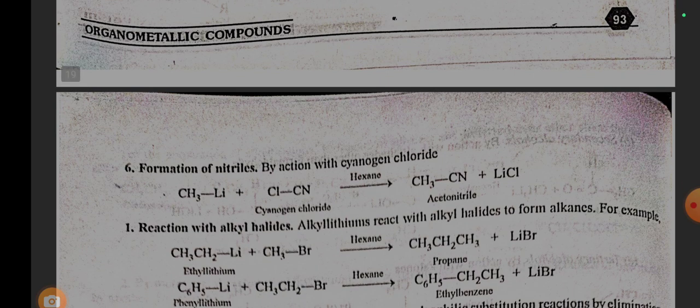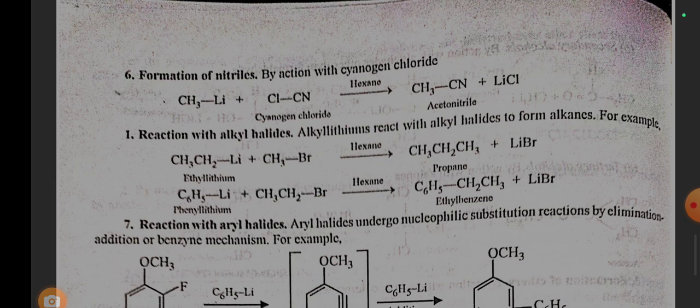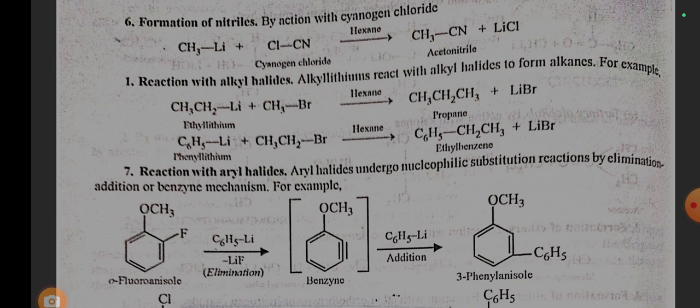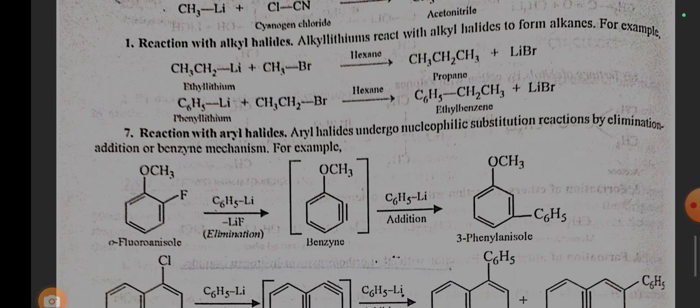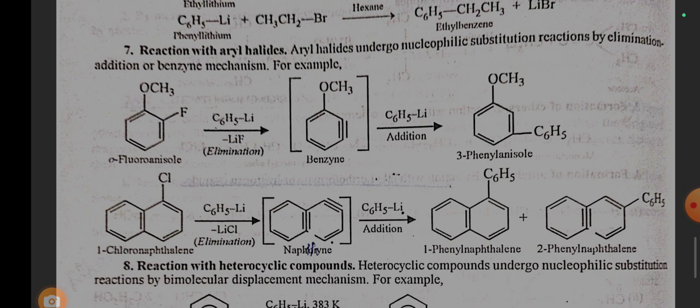6. Formation of nitriles by action with cyanogen chloride. CH3Li plus cyanogen chloride on reaction in hexane gives acetonitrile plus LiCl. 7. Reaction with alkyl halides. Alkyl lithiums react with alkyl halides to form alkanes. For example, ethyl lithium plus CH3MgBr in hexane gives propane plus LiBr.